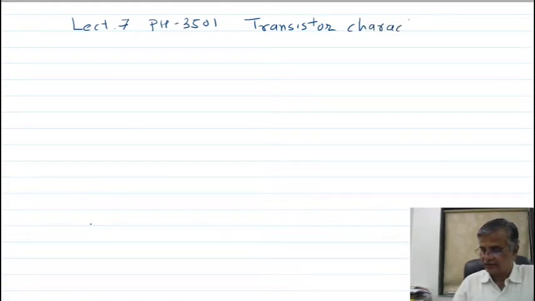Transistor characteristics. We have discussed common emitter characteristics, and we have also seen the permissible area to operate the common emitter configuration. Today we want to see the common base characteristics.